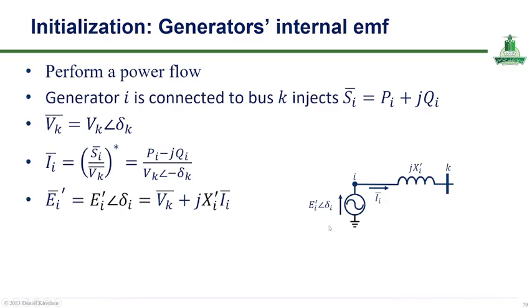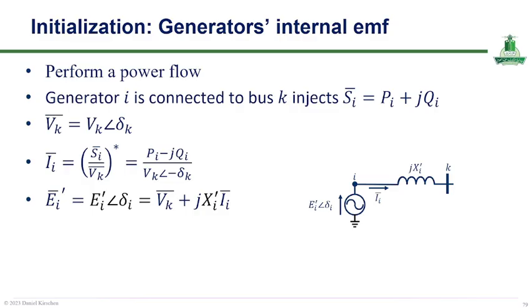Okay, this slide explains the initialization process for determining the internal electromotive force or EMF of synchronous generators before dynamic or transient stability studies are carried out. The first step is to perform a power flow analysis in order to obtain the operating conditions of the network, including bus voltages, active power, and reactive power injections.